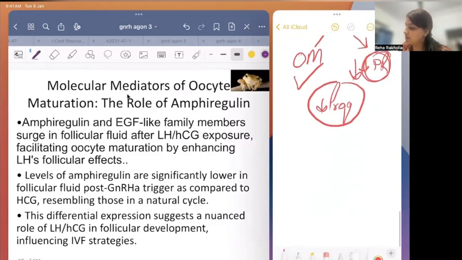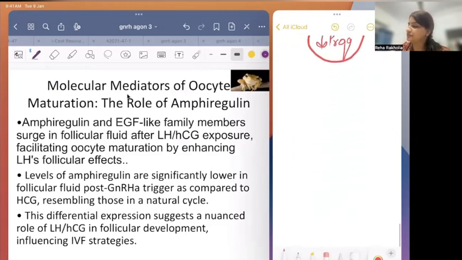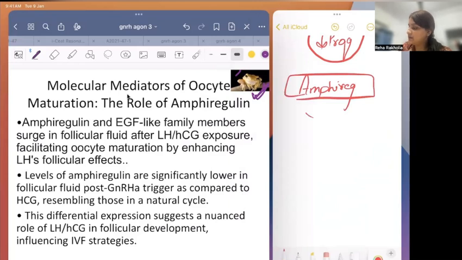Now we'll talk about the molecular mediators. Molecular mediators are like amphiregulin. See, I've made it amphibian also to remember frog. Amphiregulin and EGF-like family members: what happens to these?